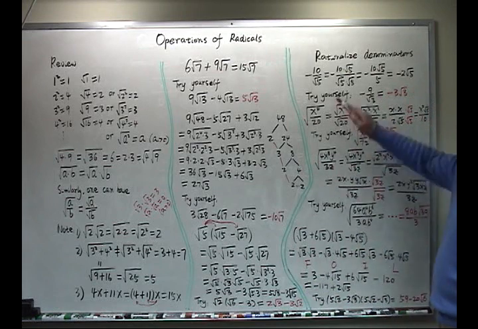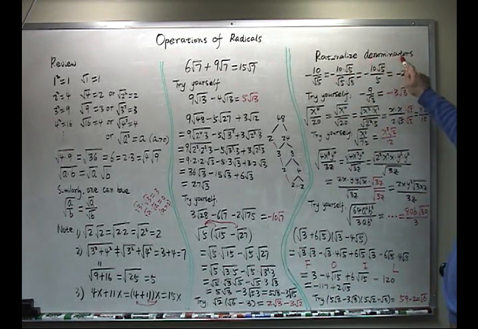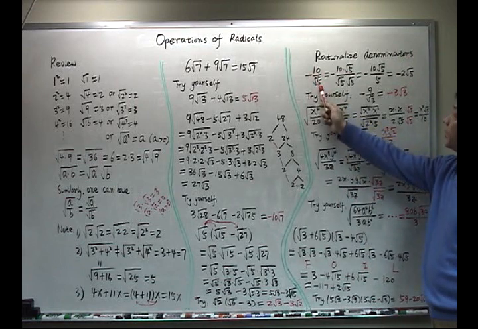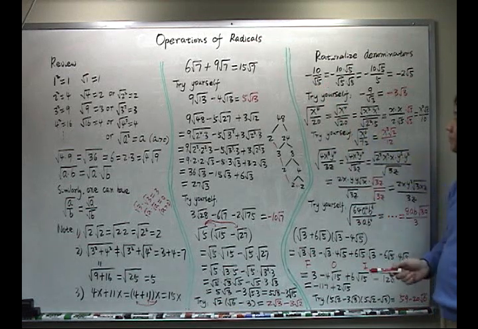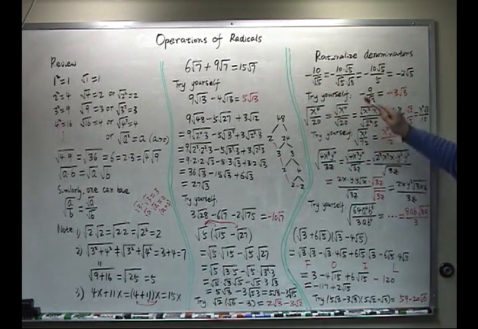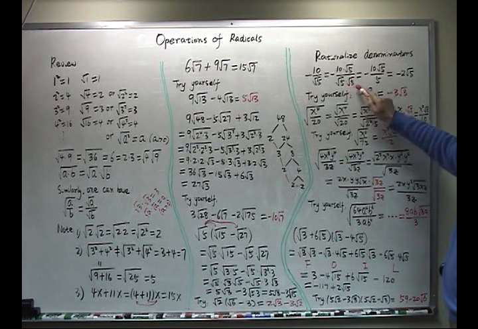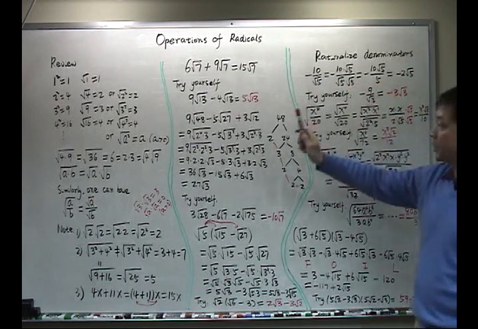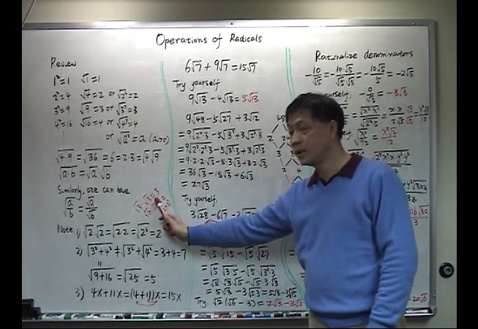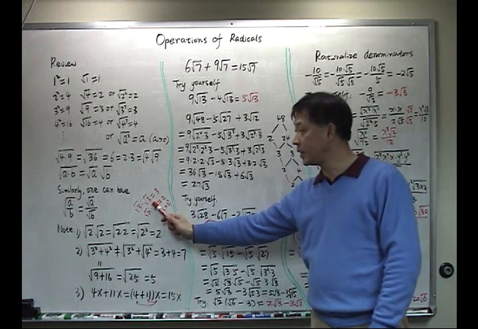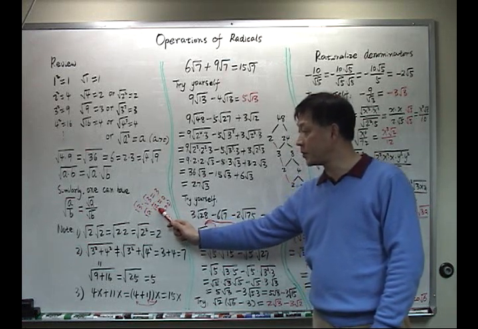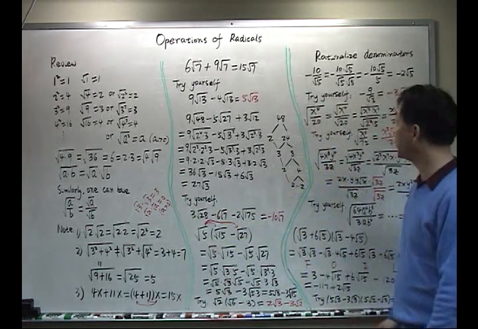Now, let's see how to rationalize denominators. You know, here, negative 10 divided by radical 5, 5 is inside the radical sign. And then if both numerator and denominator are multiplied by radical 5, we know radical 5 times radical 5 is 5. Again, it's because of something right here. Radical 3 times radical 3 is 3. Radical A times radical A is A. The same reason.